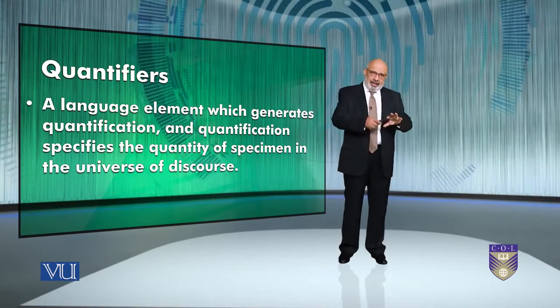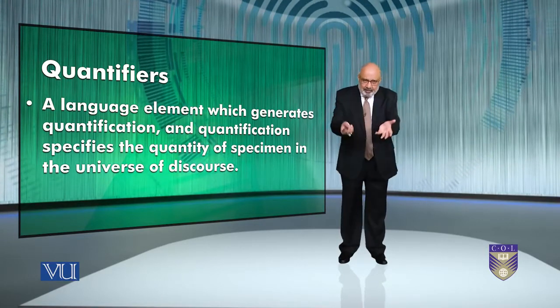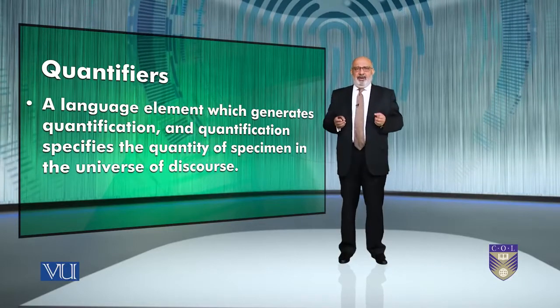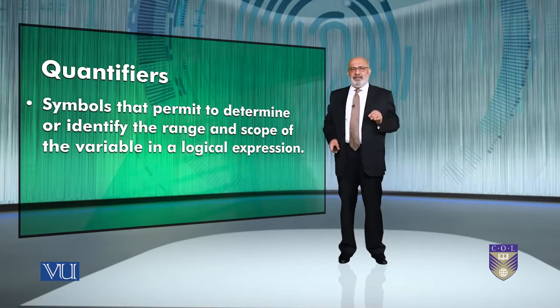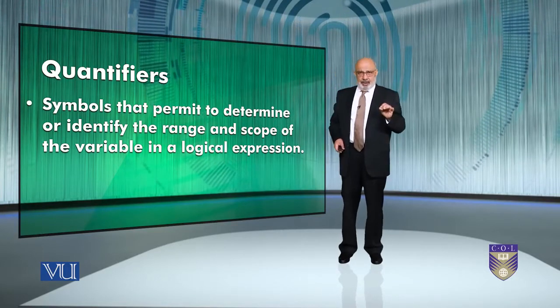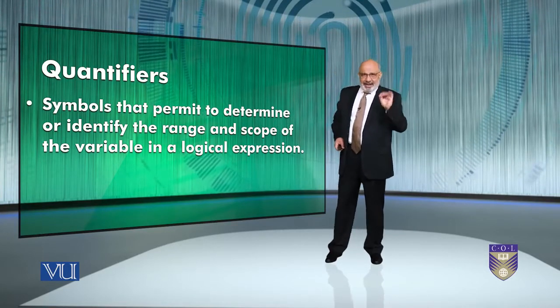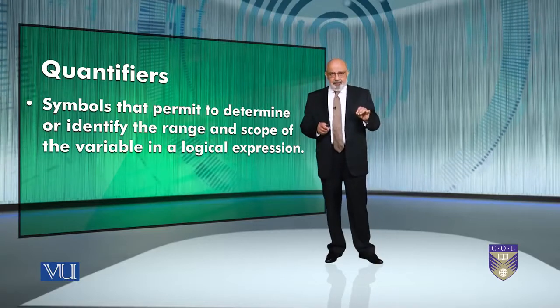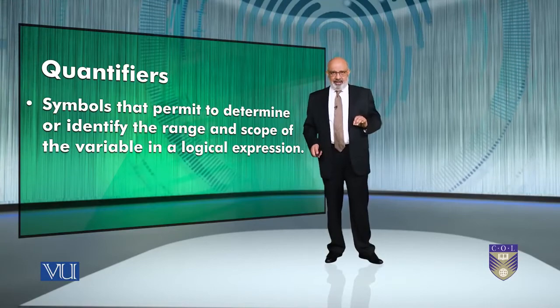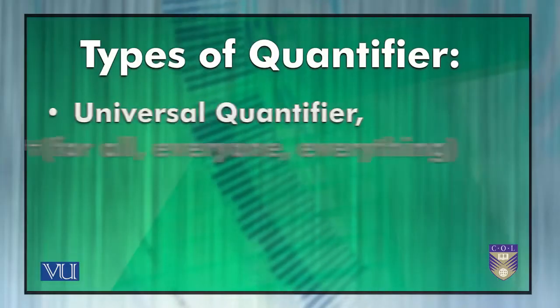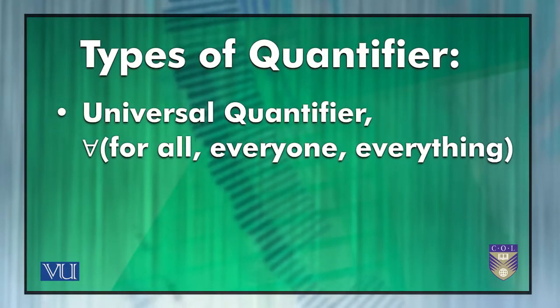In software engineering, you have those concepts, so that becomes your specific quantifiers within that context. And so these are symbols that permit us to determine or identify the range and scope of the variable expressed in the logical expression. And there are two types of quantifiers mostly used.